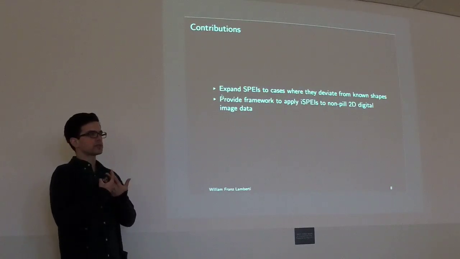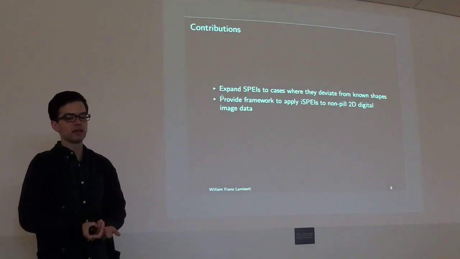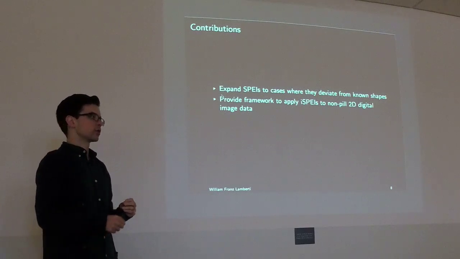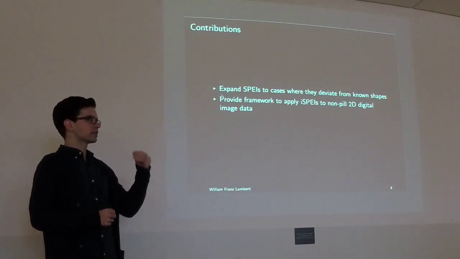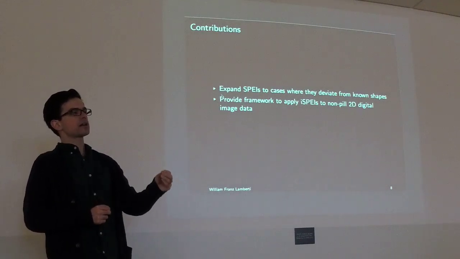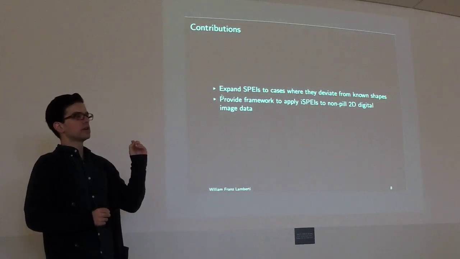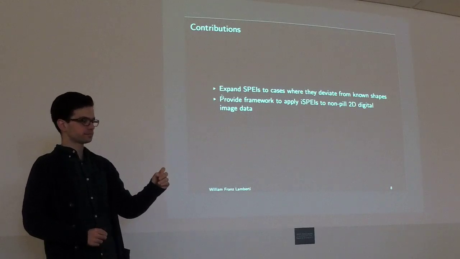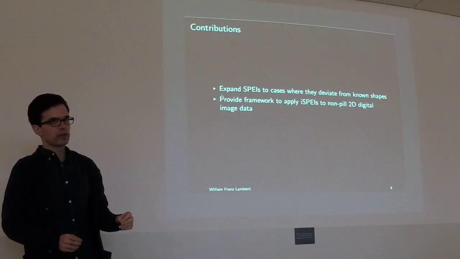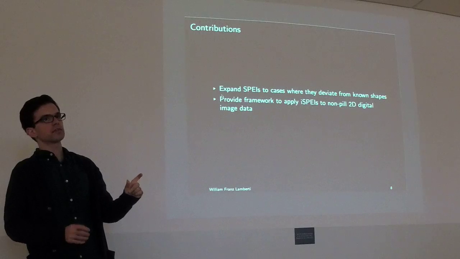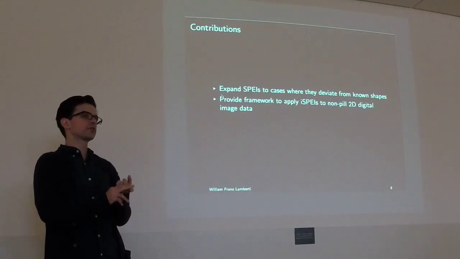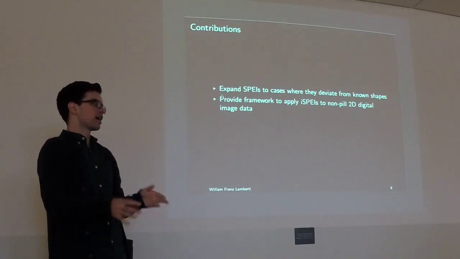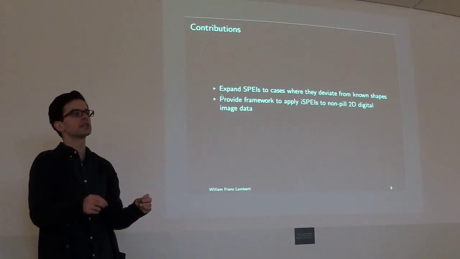The contributions that I hope to explain today are, first, to expand SPEIs to the cases where they deviate from known shapes. In the past I discussed how SPEIs can be described for certain kinds of shapes, regular polygons and circles, and how they exist in reality.